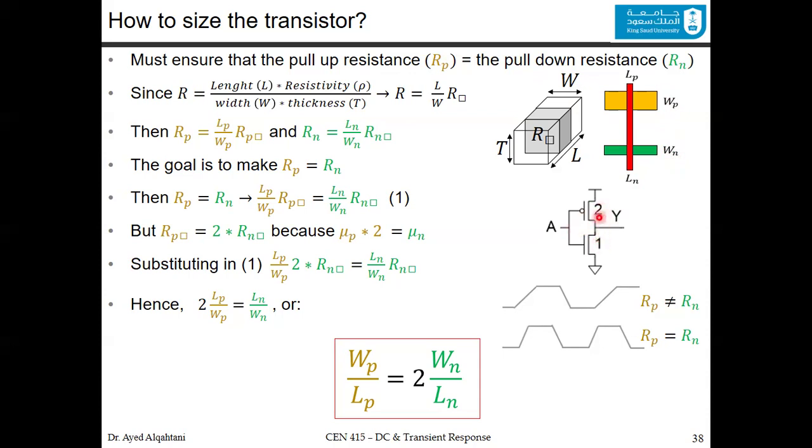For the inverter, it's very easy to conclude that the width of the NMOS is equal to 1, and the width of the PMOS is equal to 2.